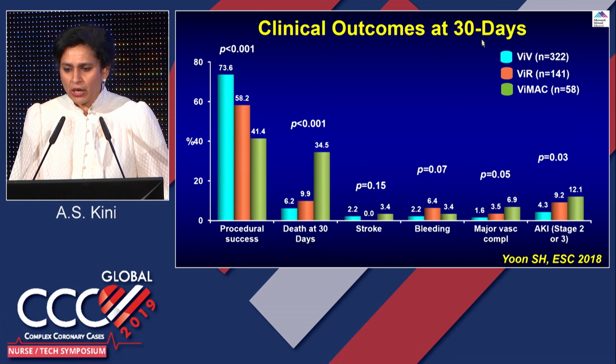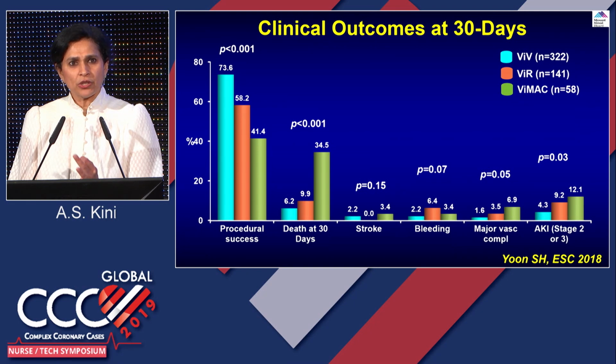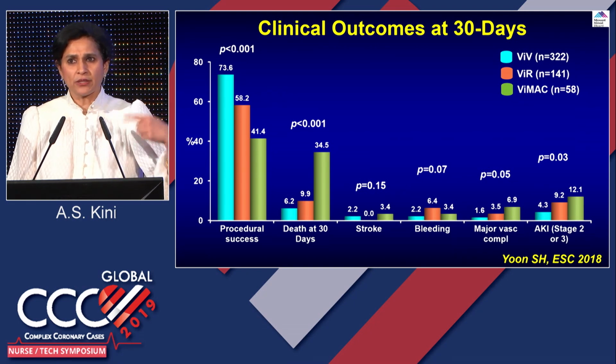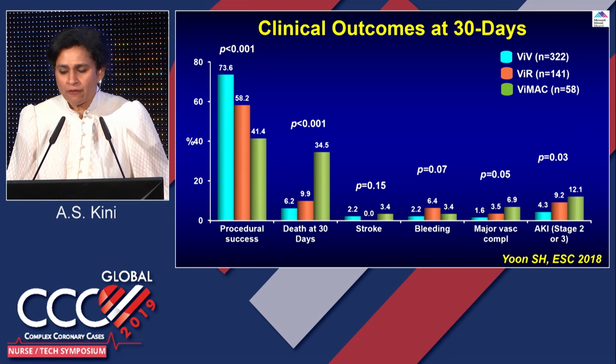So this is the clinical outcome for most of them, which is valve-in-valve, that you're placing a valve for a previous mitral valve, you're placing a valve for the previous mitral ring, or you're placing a valve for MAC. What is MAC? Mitral annular calcification. That means it has developed MR, or mitral regurgitation, but there's a lot of calcium around the mitral valve annulus.